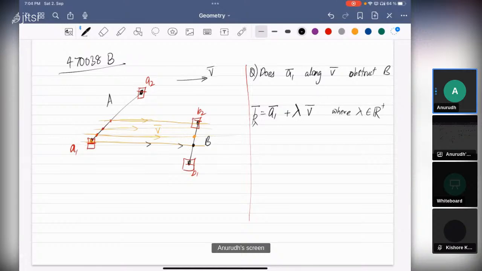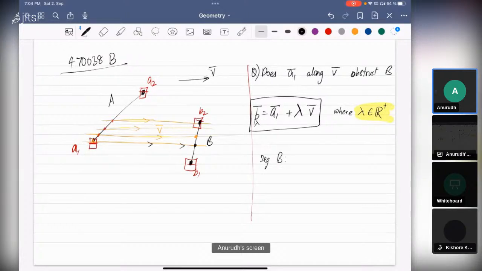So I want to intersect this ray with the line segment B. I have one line here, and the constraint on lambda makes it a ray, and then I have to write down the equation for the line segment B. That can be written as B1 plus gamma times (B2 minus B1), which is the direction vector on B. Let's call this Q gamma, which lies on B. Here gamma lies in [0, 1], because if I choose gamma equal to 0, I get B1, and at gamma equal to 1 it goes all the way to B2. So the parameter gamma from 0 to 1 moves from B1 to B2.